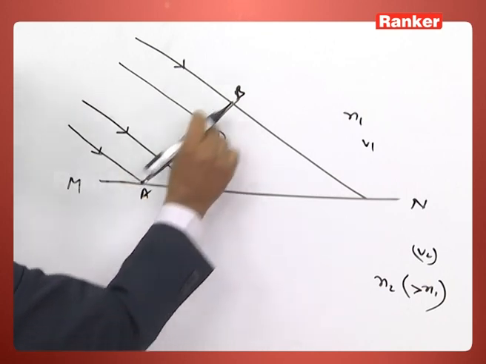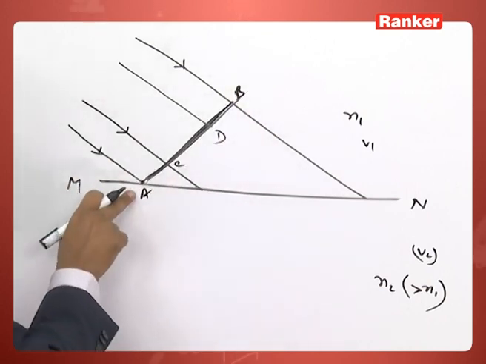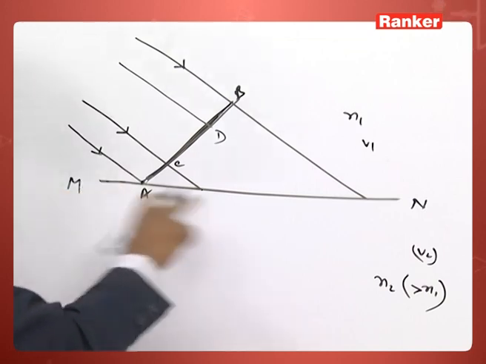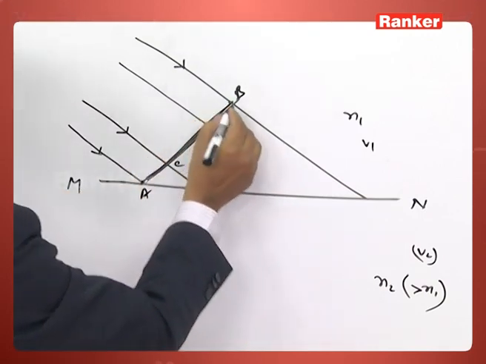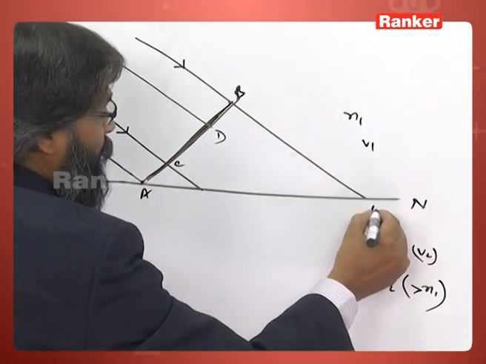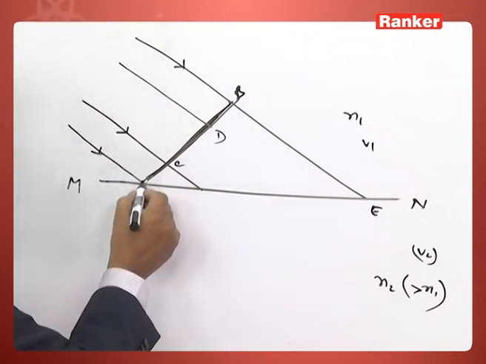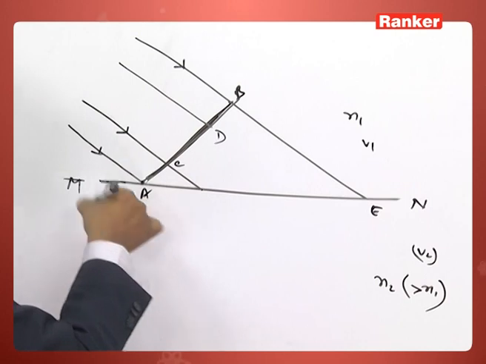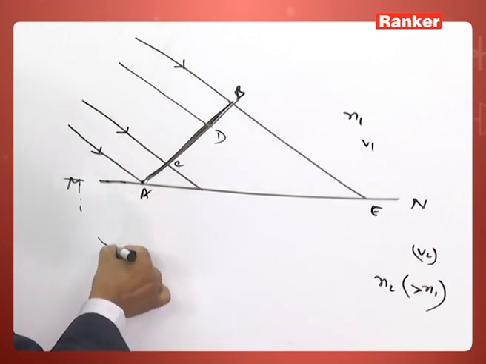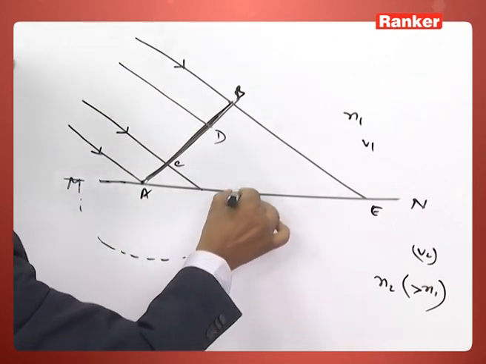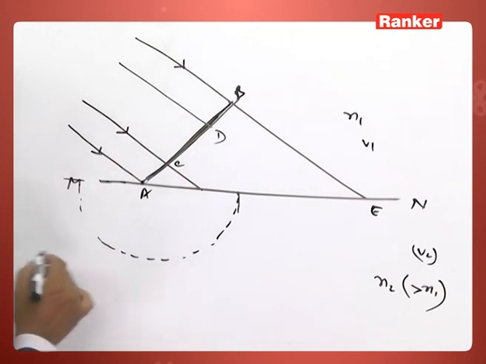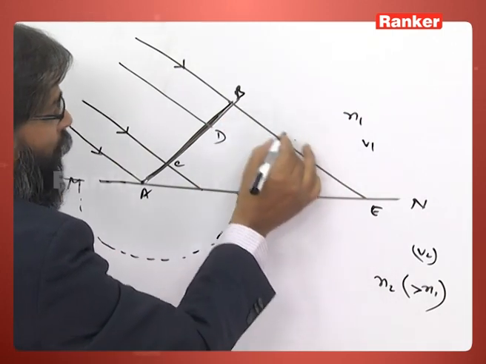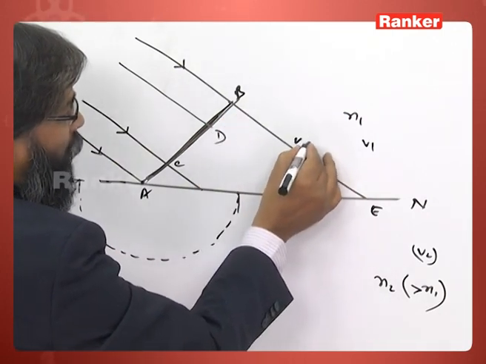Now when A first reaches this surface, and B reaches this point E, what happens? From here a spherical wavelet will grow. Suppose it takes tau time, so this distance is V1 tau.